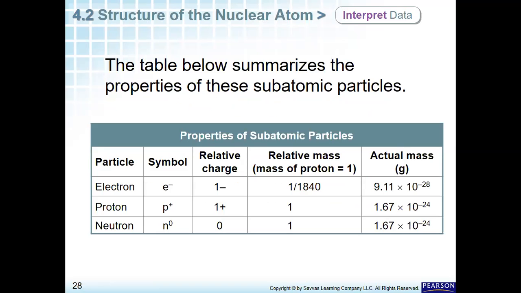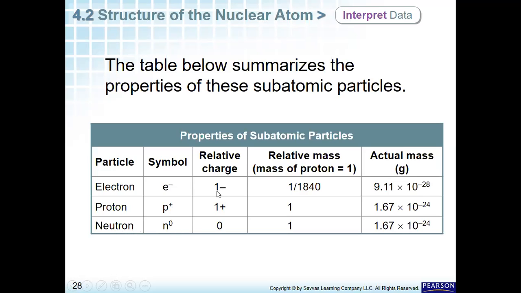Here we have a table giving us all the information about the subatomic particles: electrons, protons, and neutrons. The symbol for the electron is e with a negative charge, the proton is p with a positive charge, and the neutron is n with zero charge.